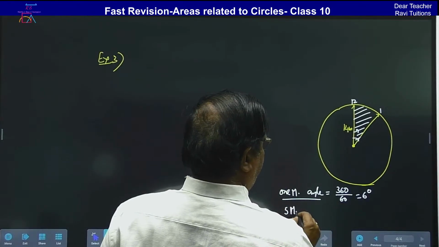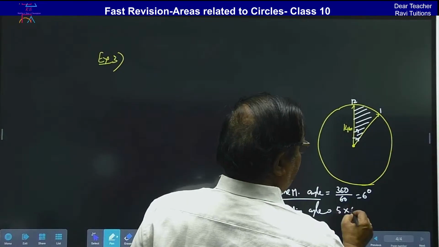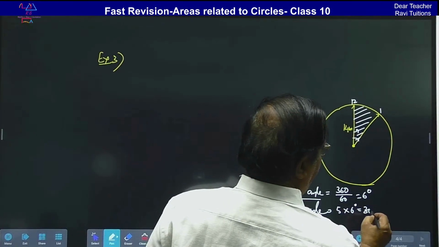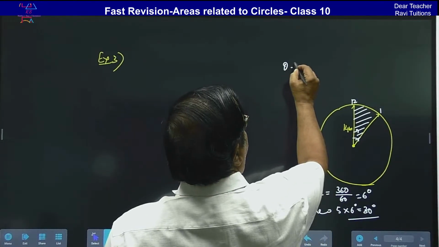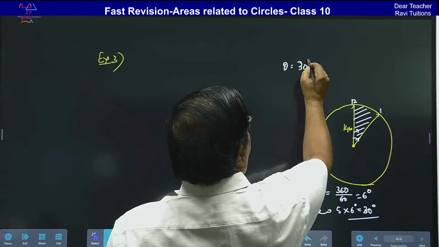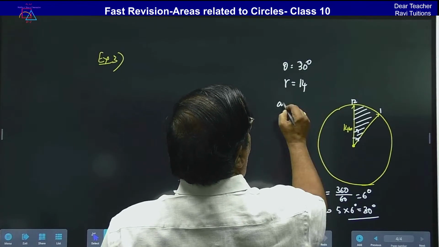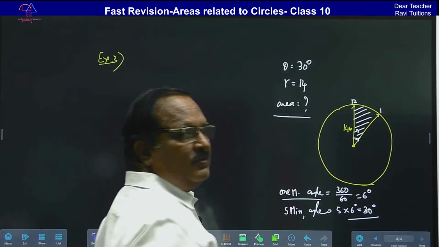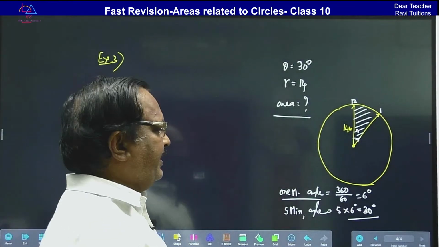For 5 minutes, the angle is 5 into 6 degrees, 30 degrees. So here theta is equal to 30 degrees and radius is equal to 14. Now you have to find the area. It is easy: theta by 360 into pi r square.